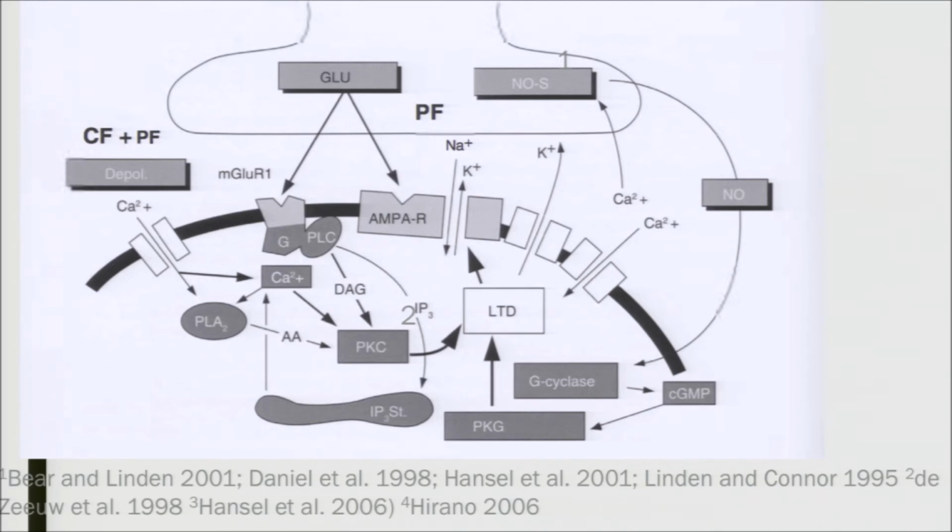So what is happening here? This is long-term depression. Here you have the climbing fibers and Purkinje cells which stimulate calcium entry into the cell, and through secondary messengers like arachidonic acid and DAG, protein kinase gets activated. It converts your inositol triphosphate from the stores. Long-term depression happens.